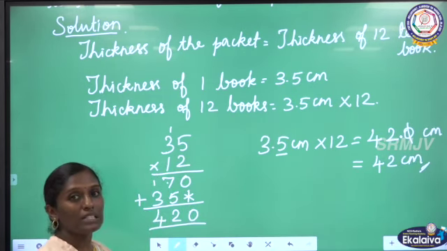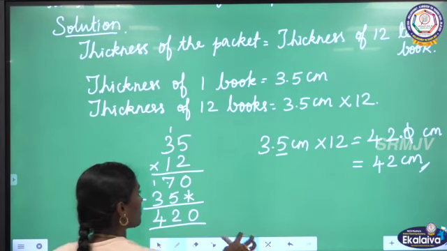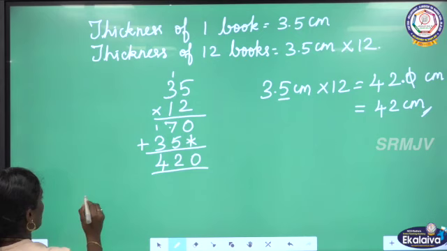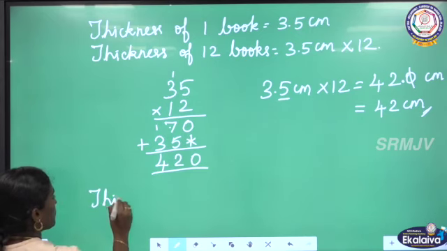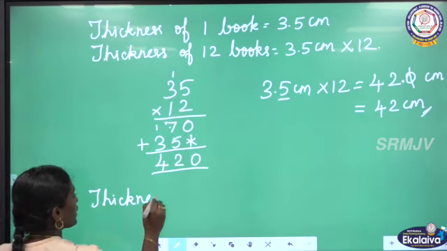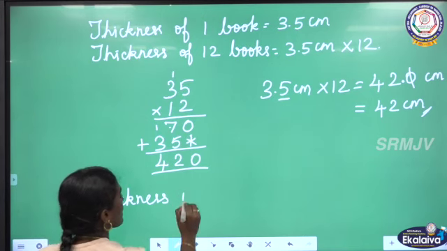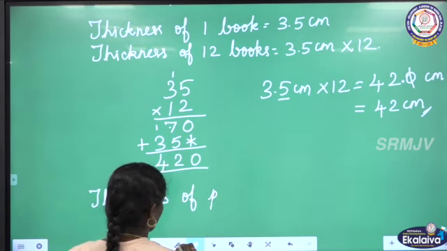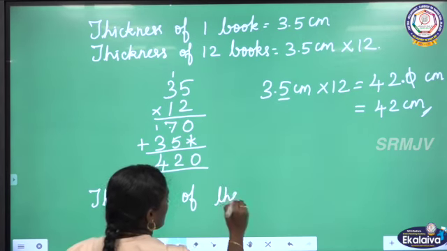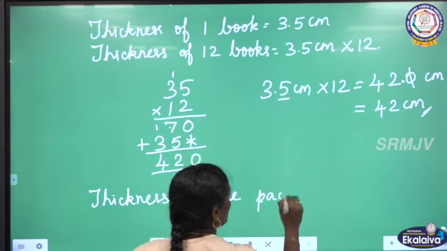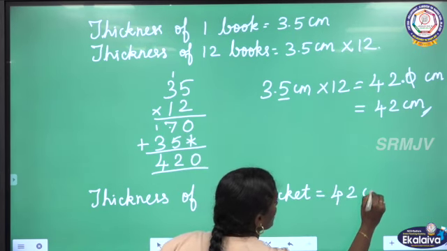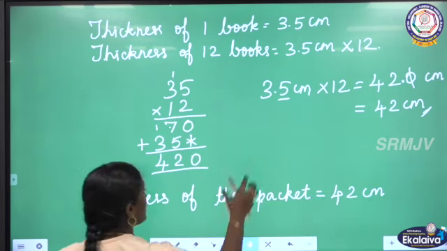This is the thickness of 12 textbooks, which is equal to the thickness of the packet. Thickness of the packet is equal to 42 centimeter. Was it clear, children?